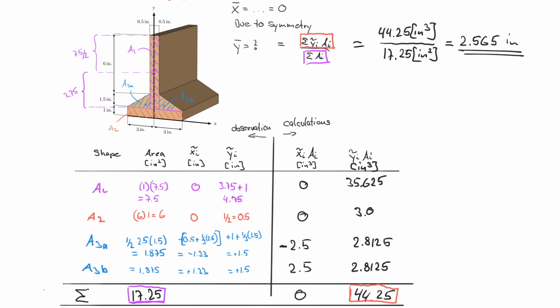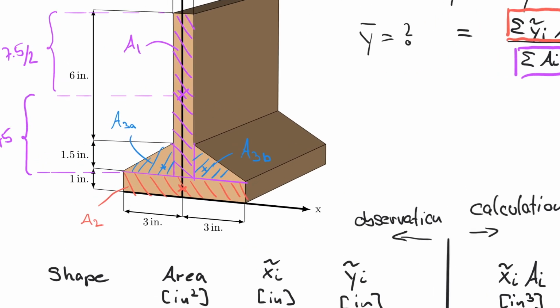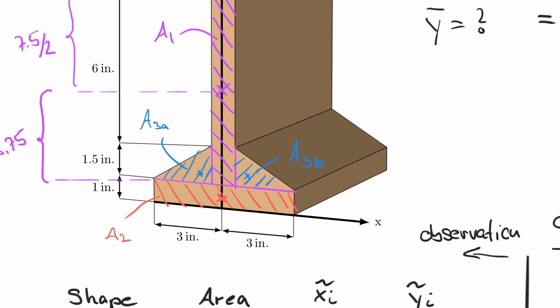So last thing I now have to do is pretty much put that into my sketch, and the 2.565 does make sense because it is very bottom heavy, that shape. So let's put it in here. So 2.565 would be somewhere here, is really where that centroid location is.